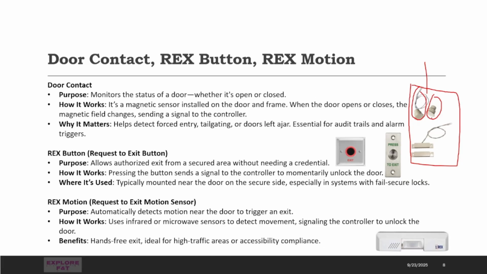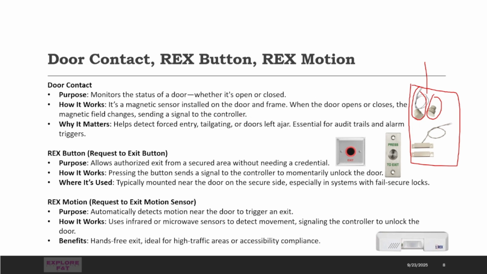Okay, so when the door opens or closes, the magnetic field changes and sends a signal to the controller. Okay, and the controller will understand whether the door is opened or not.